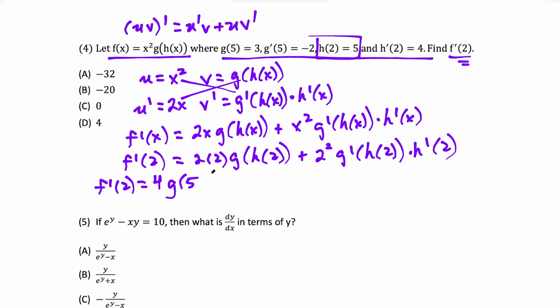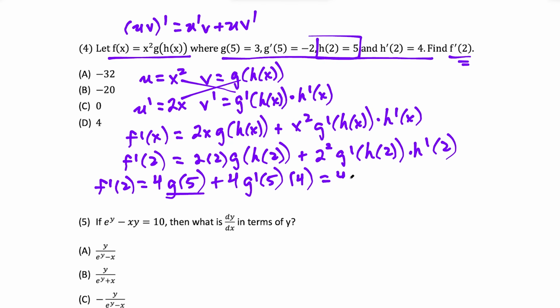So now we're going to replace h of 2 with 5. So we have 4 times g of 5 for this first part, and then we have plus 2 squared is equal to 4, and we have g prime of h of 2 is still g prime of 5, and then we have h prime of 2. So h prime of 2 is equal to 4, so we could just replace that piece with 4. And now we simplify this a little bit more. We have 4 times g of 5 is equal to 3.